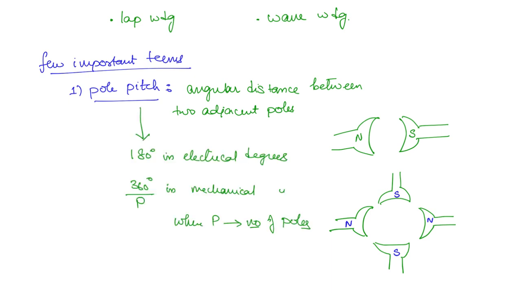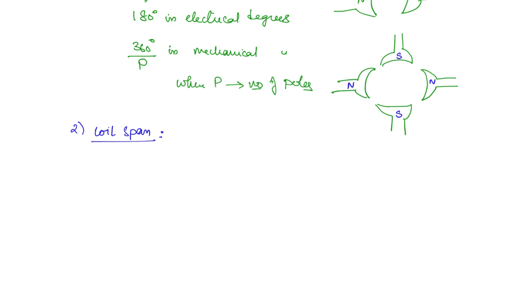The next term is the coil span. If you consider the coil, it is going to be in different slots and it is going to come back to the commutator segment. There is going to be a commutator segment here, so these will be attached to different commutator segments. As I have told before, these conductors will be placed in the slots of the rotor.